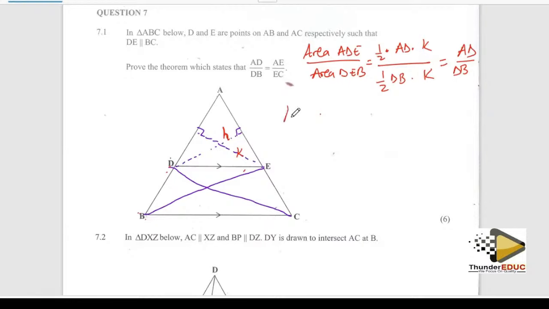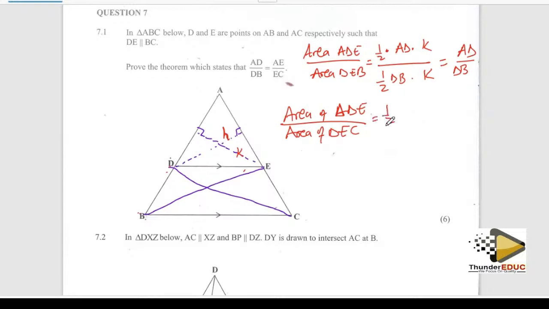Then I'll move on and talk about the area of ADE divided by the area of DEC. Talking about ADE again, but this time we're talking about DEC, this side.